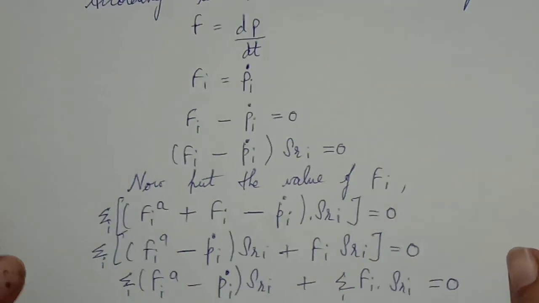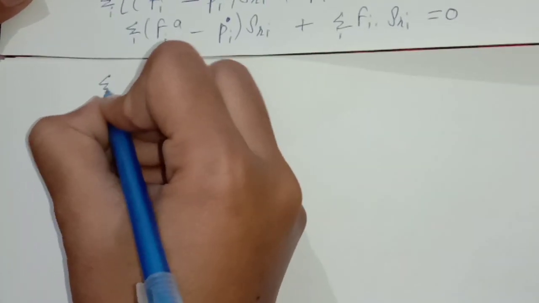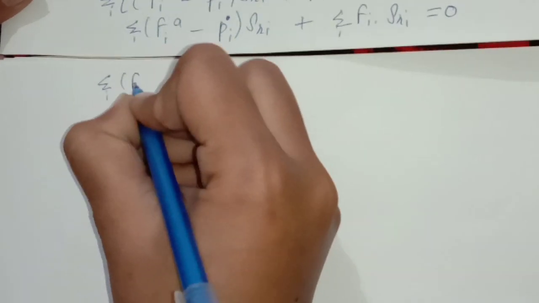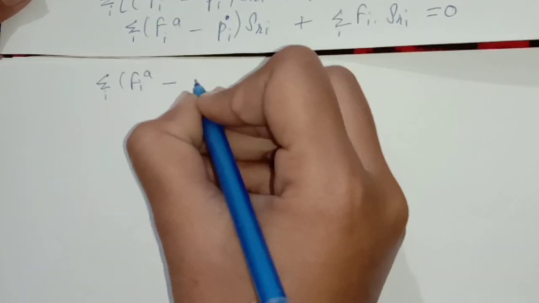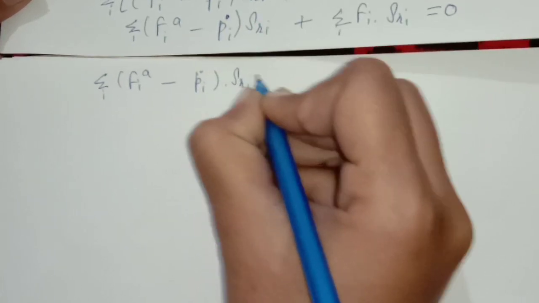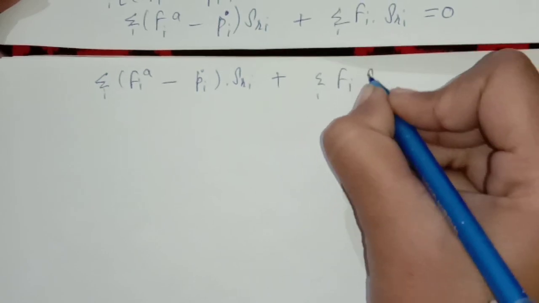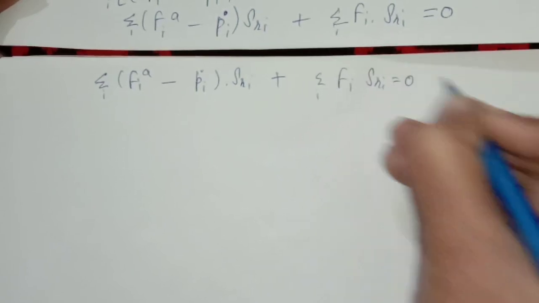So therefore, we can write from here summation i (Fia minus Pi dot), which is applied force and change in momentum, plus summation i constraint force term will become 0.